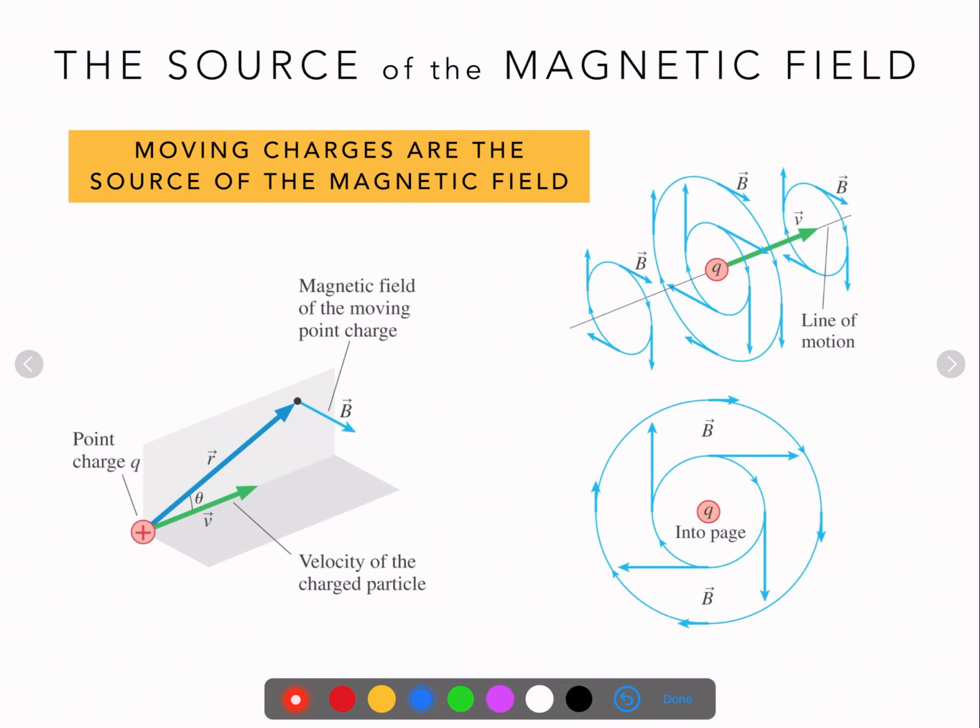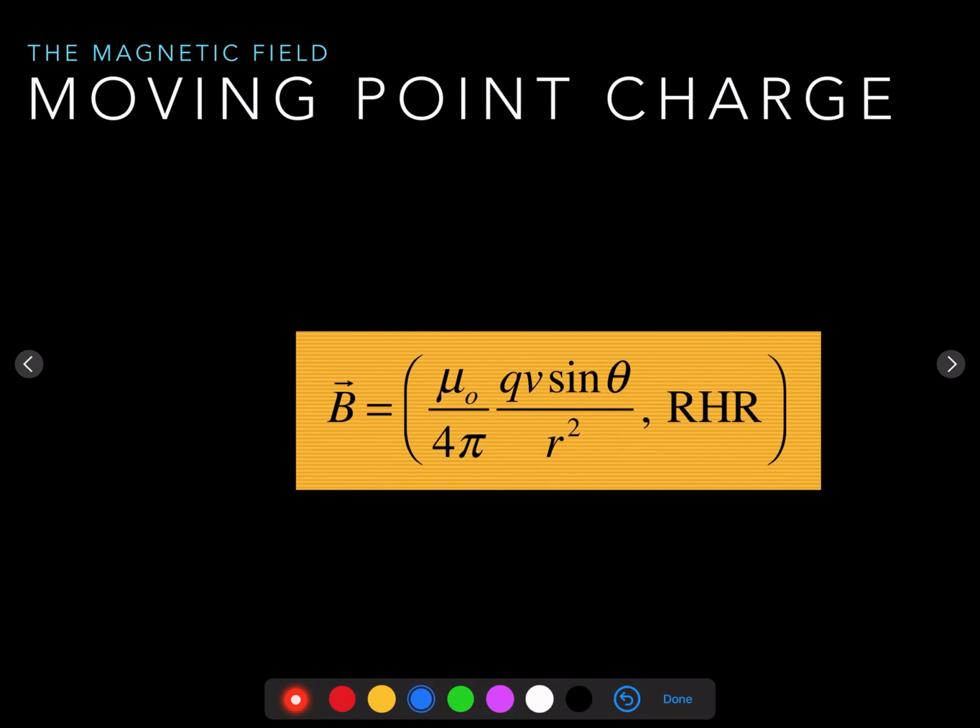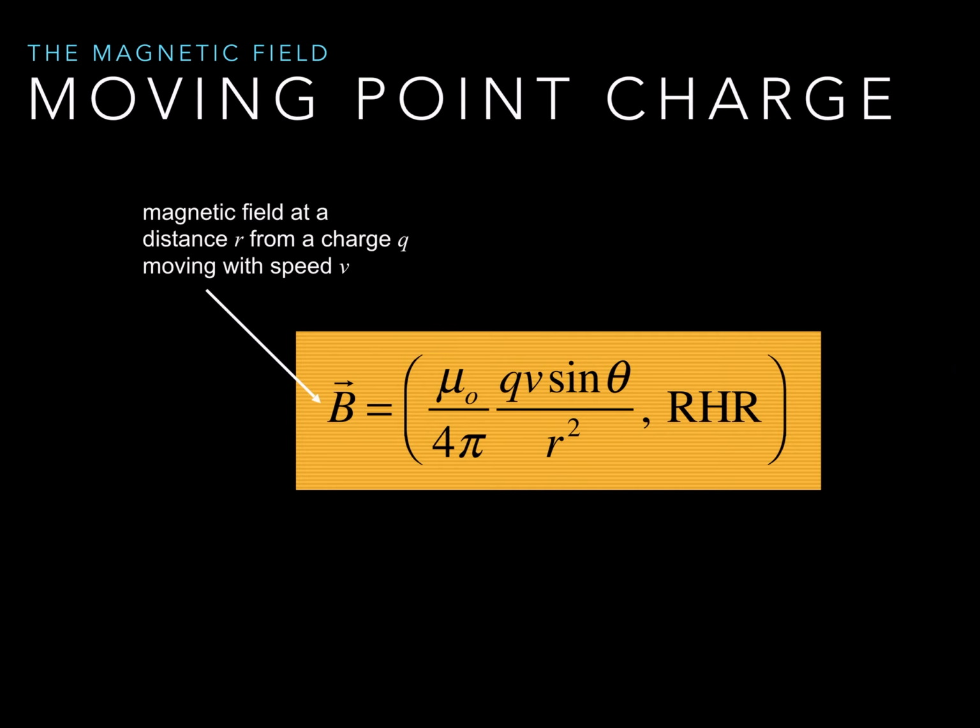So what does that look like mathematically? Well, something like this. And this isn't the whole picture. As you can see, it's written in two pieces, which means we can write this a lot cleaner in math. But let's go through what the variables are that we're using. This is the magnetic field at some distance r from your moving charge. Here is your charge, q.